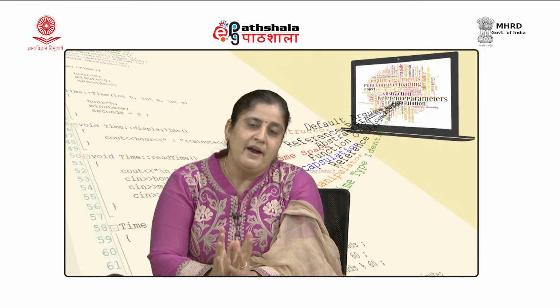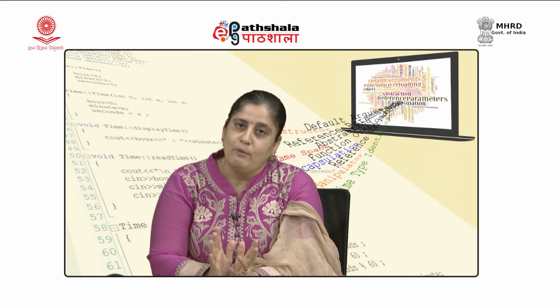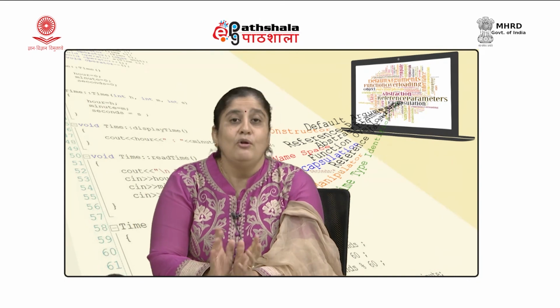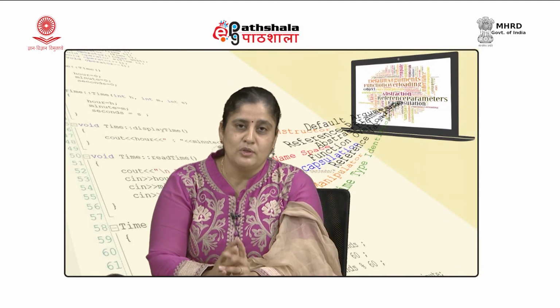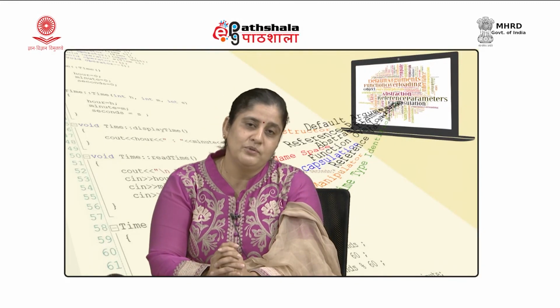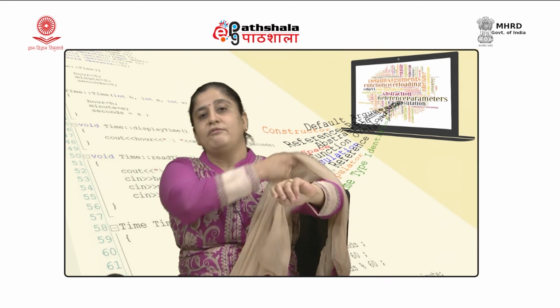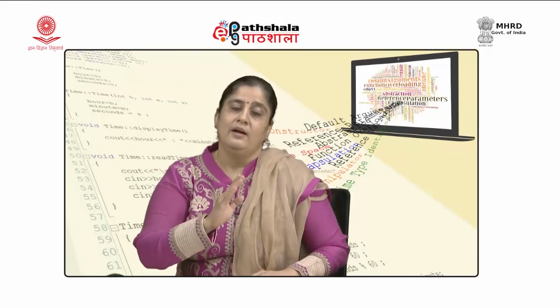We defined the classes so far, and we tried creating objects of those classes. It is also possible for us to create an array of objects, it is also possible to create a pointer to an object, and it is also possible to assign an object of one type to another object of the same class.